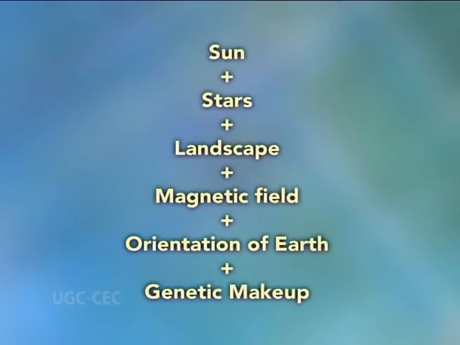All species do not migrate. There are certain species which migrate. So, the genetic component is also equally important. This may be modified by environmental influences. Hence, in addition to using the sun, stars, the landscape, the magnetic field, and the earth's orientation, the genetic makeup is equally important for migration by a species.